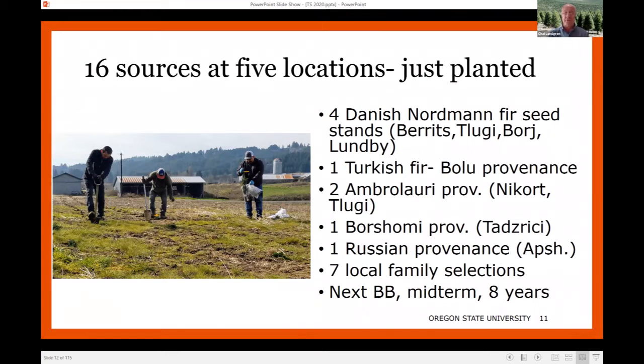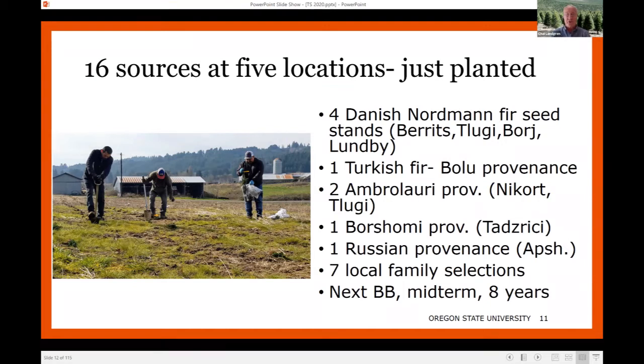We have a Turkish fir source, the Bolu Kukez provenance. We have 2 Ambrolauri provenances, Nikorts Minda and Talugi. We have a Borjomi provenance, Tadrisi. We have a Russian provenance, probably the coldest of all the sources we've been testing, called Obsheronks.